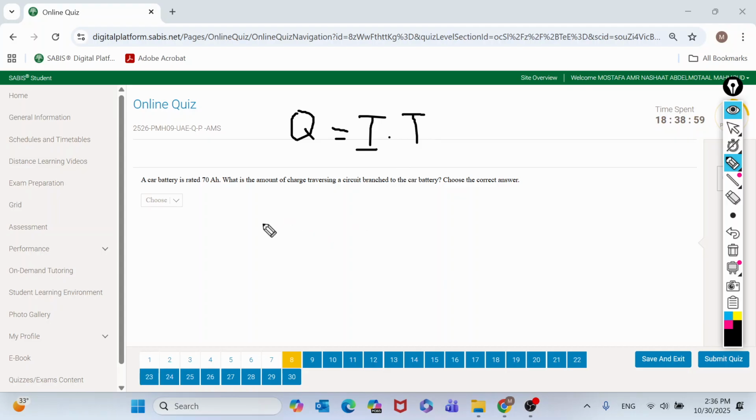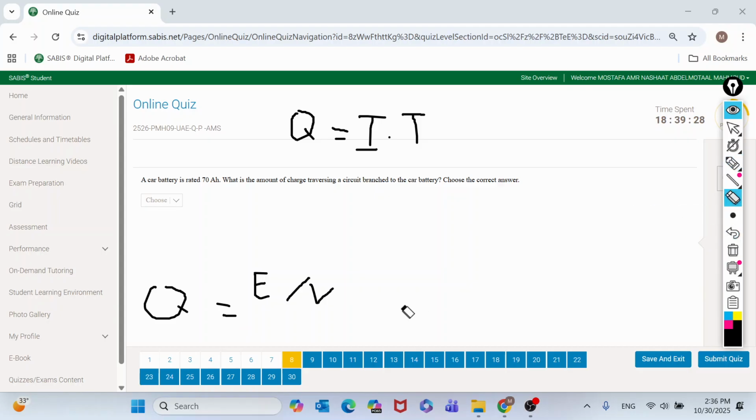Also, coulombs is also joules per volts. This is the second formula. So this is the same as the energy formula, because joules is just the energy. You can take this to the other side and this to the other side. So basically, these two you guys should know them.